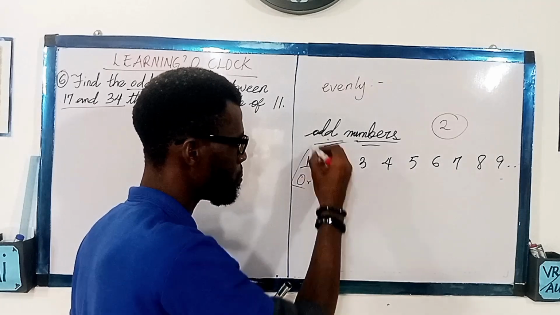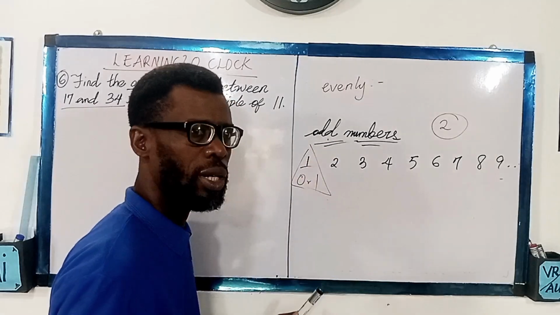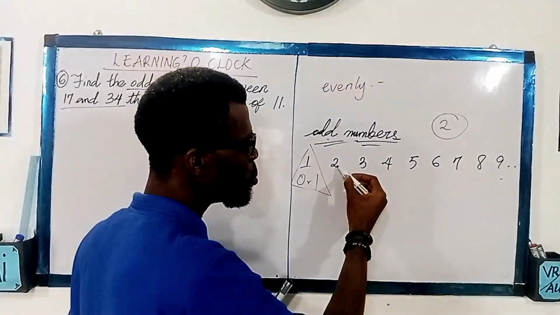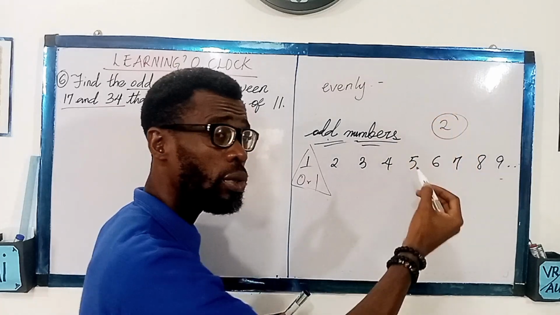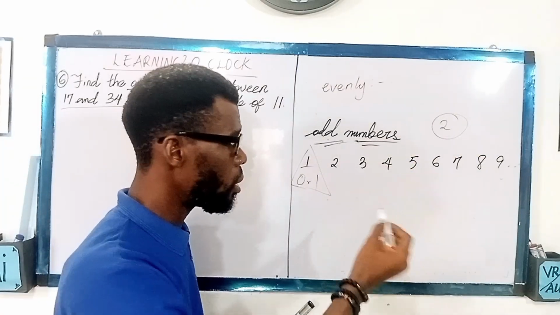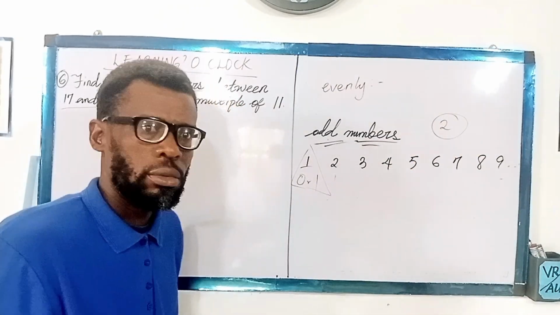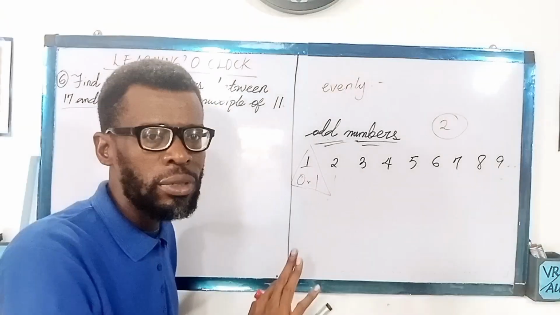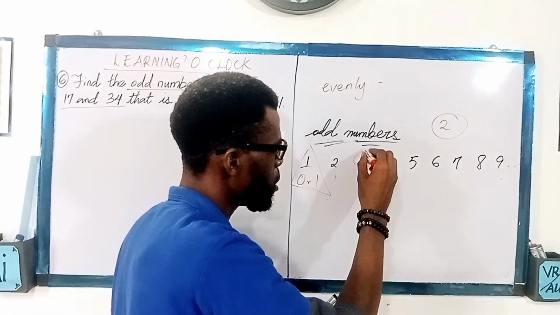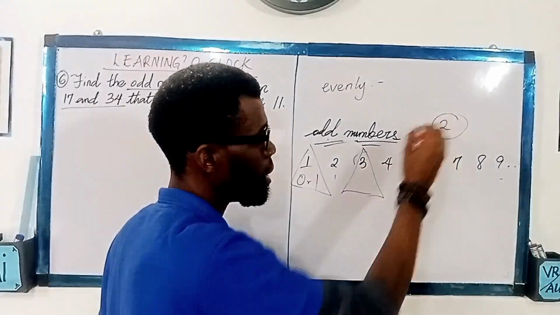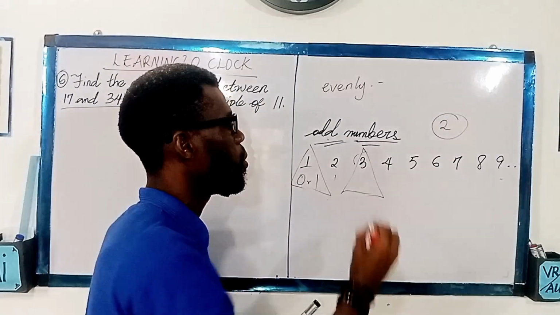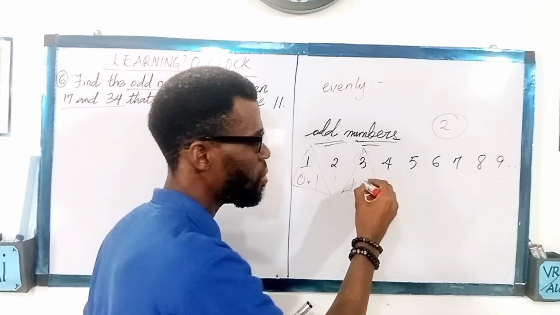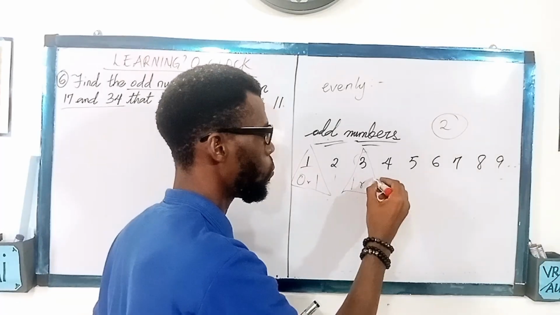How about 2? 2 divided by 2 is 1, no remainder, so this is an even number. Now 3. 3 divided by 2 is 1, remainder 1.